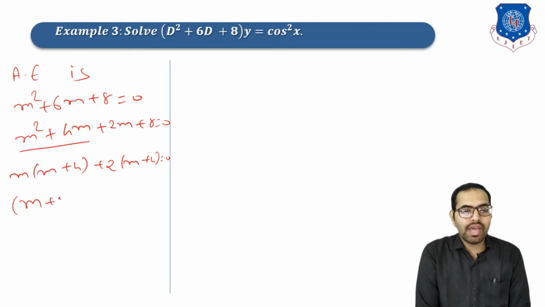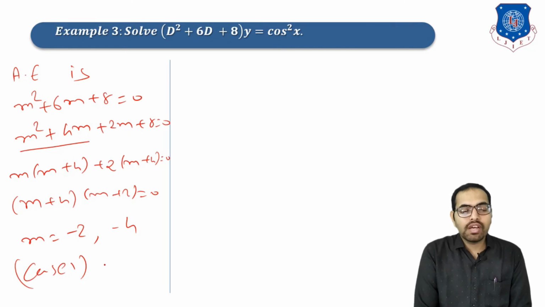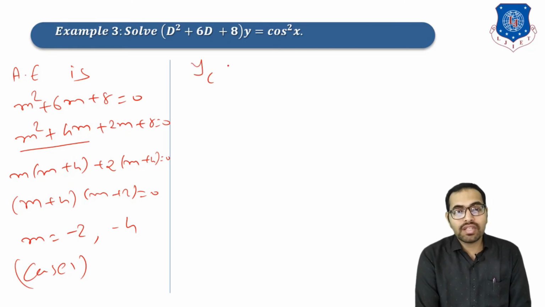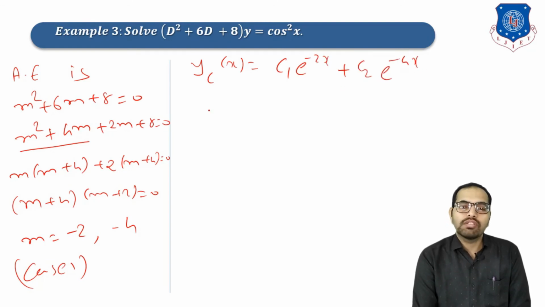Then it becomes (m + 4)(m + 2) = 0. Then m = −2 and −4. Here case 1, factors are real and distinct. Then yc(x) = c1 e^(−2x) + c2 e^(−4x).